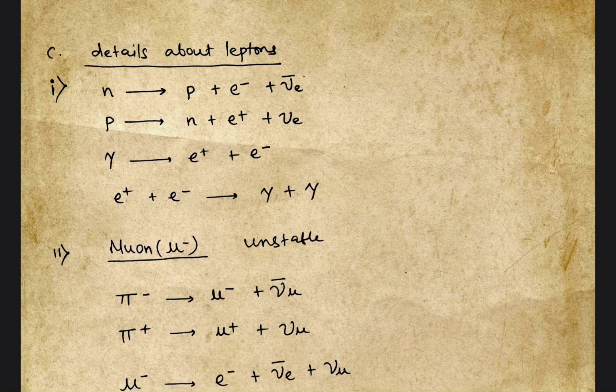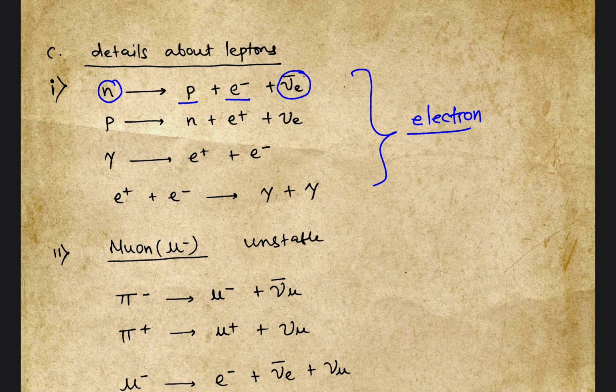Now let us know the details of leptons. The first one is for electrons. How do they form, or how do they annihilate? Take a neutron: when a neutron converts into a proton, one electron will form, and then an electron antineutrino will form.